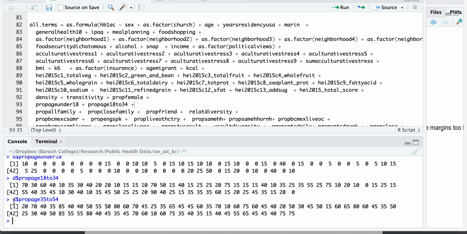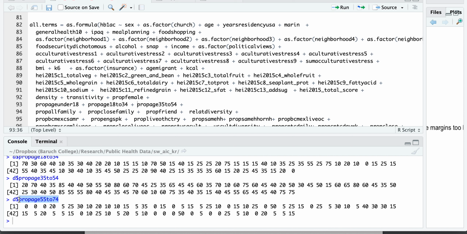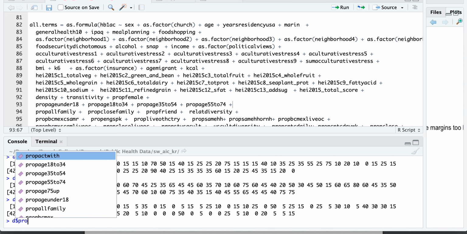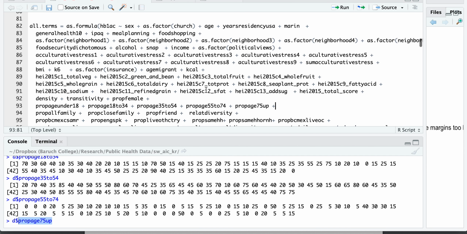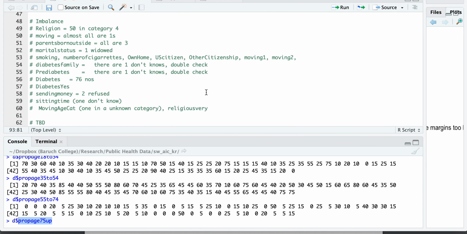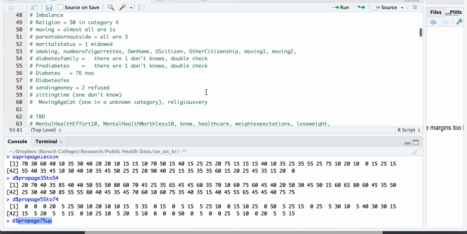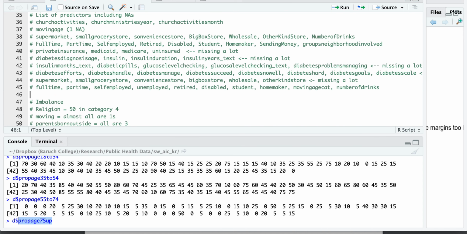These are proportions of the network that are in these age groups. Okay, so now I'm going to remove these prop ones because I had put them here as missing values.